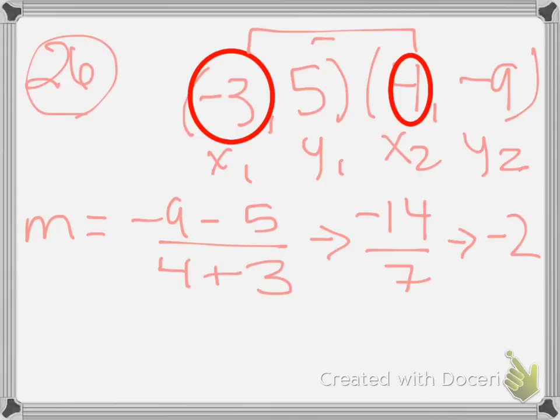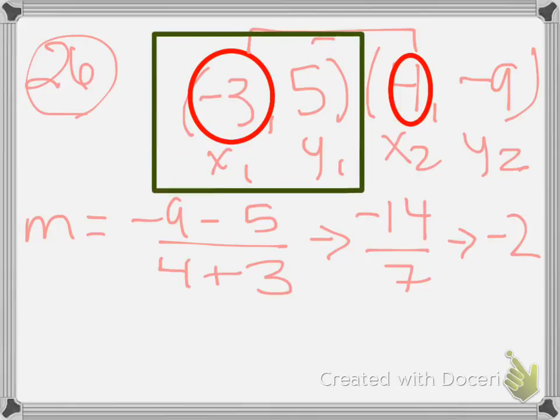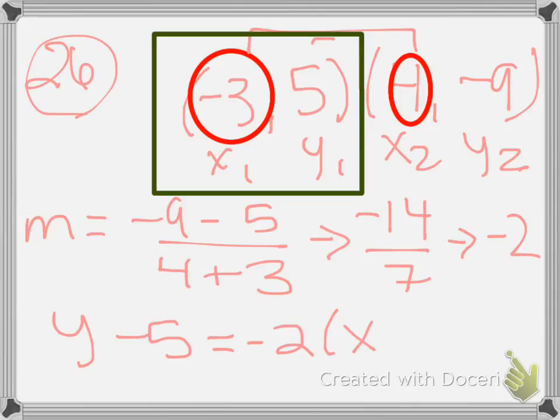Now you're going to take your first point, although it really doesn't matter, and you're going to use the point-slope formula again. y - 5 = -2 times (x + 3). Note right here, it's x minus x1, but since our -3 is negative, it turns into a positive. I'm going to let you solve for y now, just like you did in number 25.